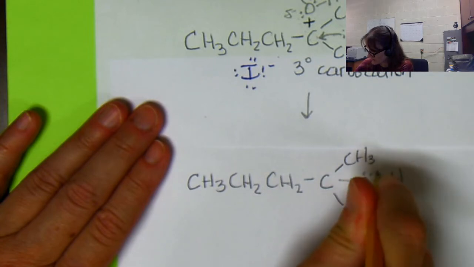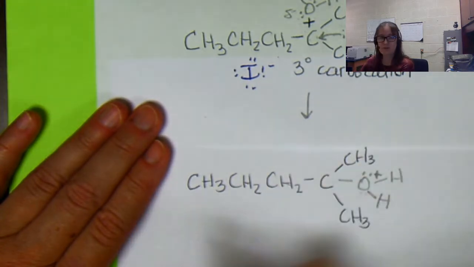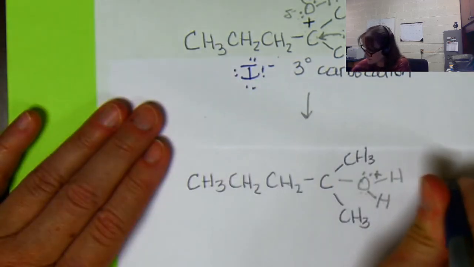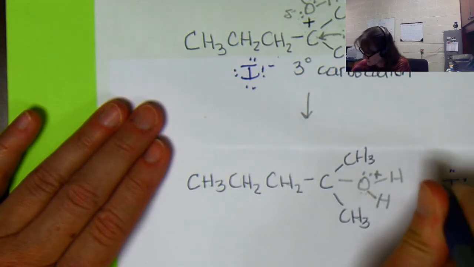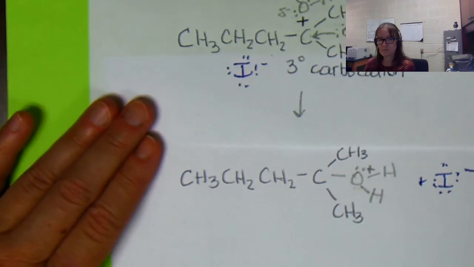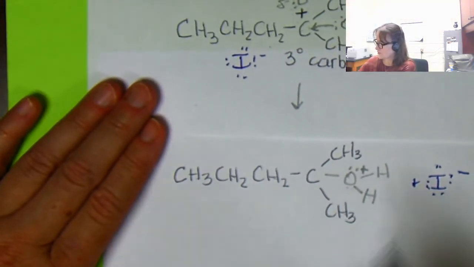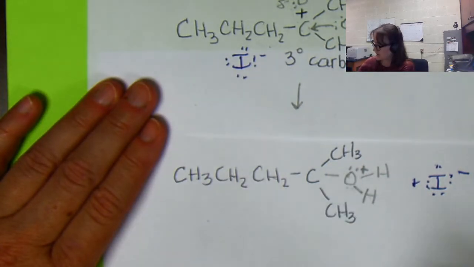Now oxygen has 3 bonds, so oxygen's positive. Iodide is still present. And so this is the next set of products that forms in this mechanism.